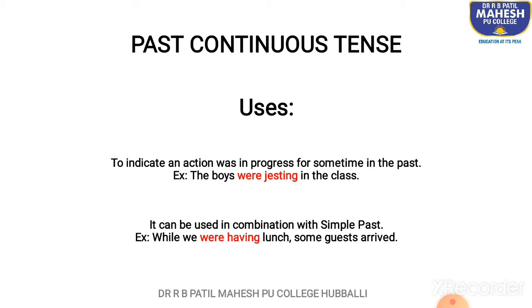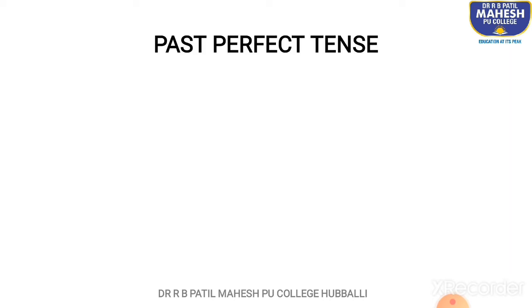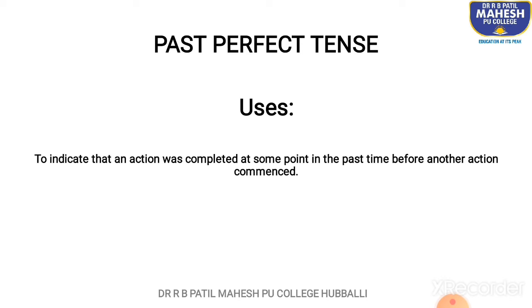Okay, moving on to the next one. That's past perfect tense. Okay, uses. To indicate that an action was completed at some point in the past before another action commenced or took place.